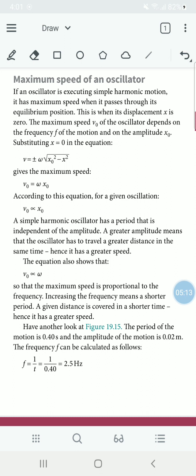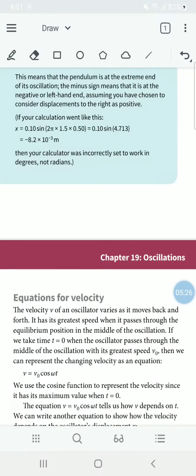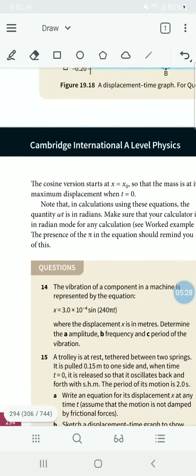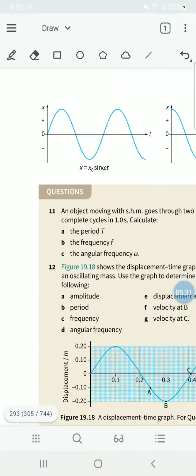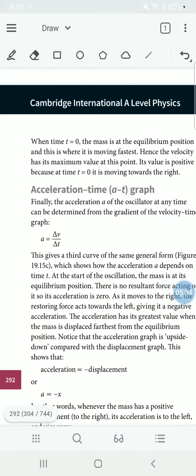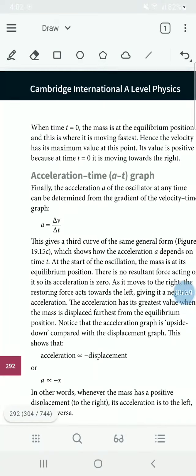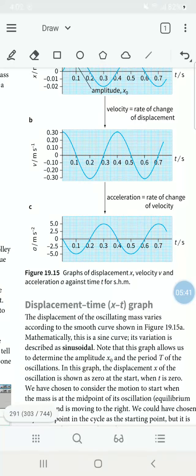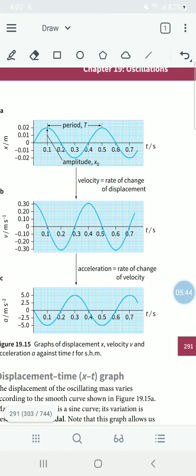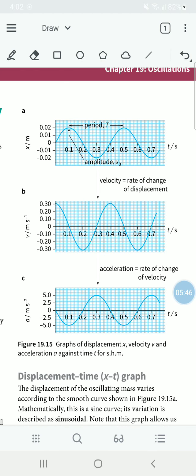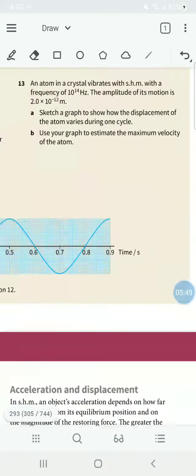Have another look at figure 19.15. Please have a look at this when discussing it further.